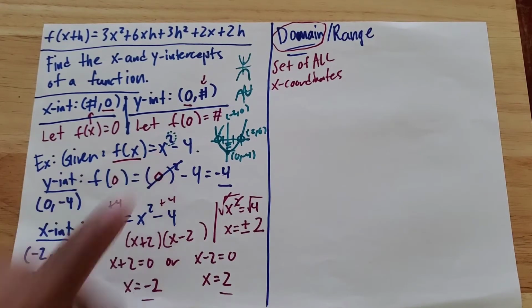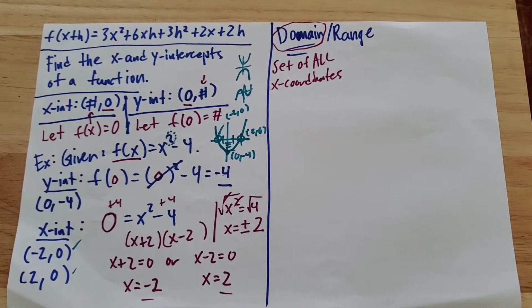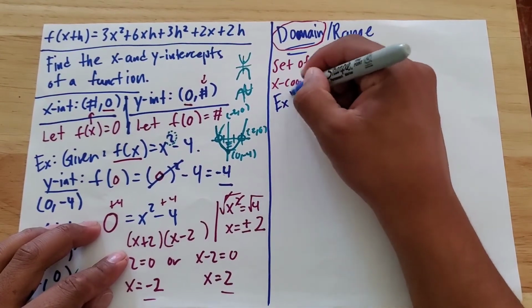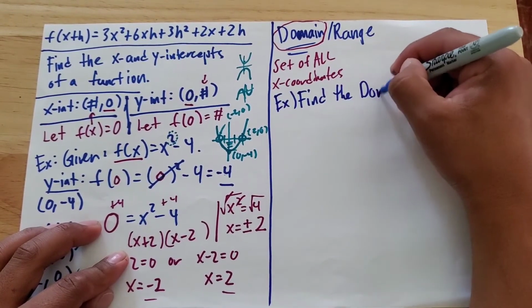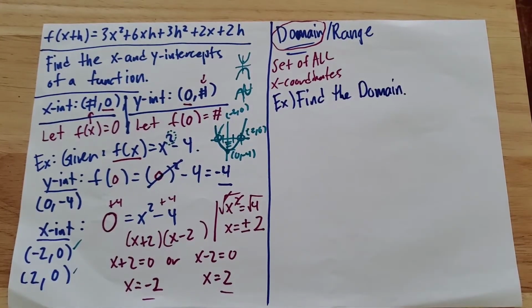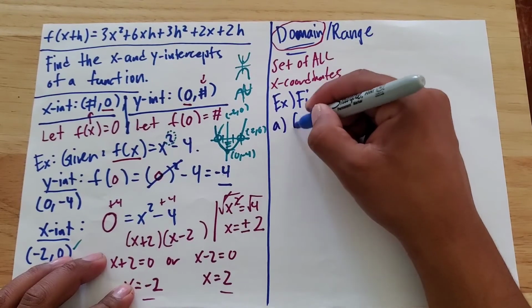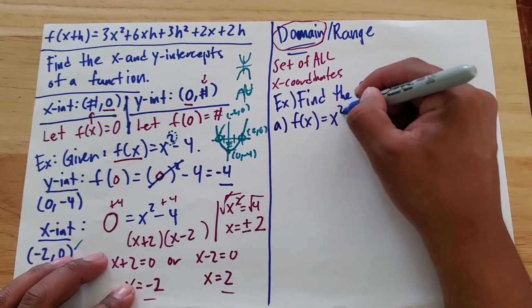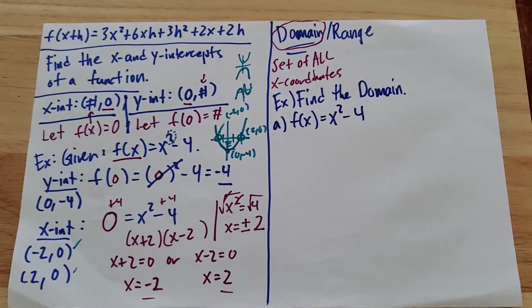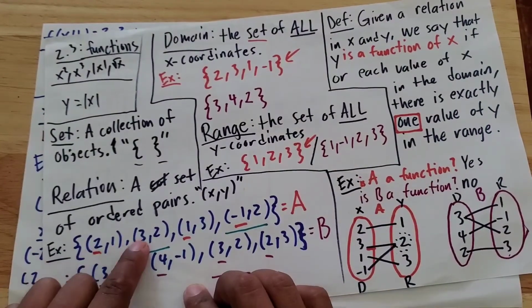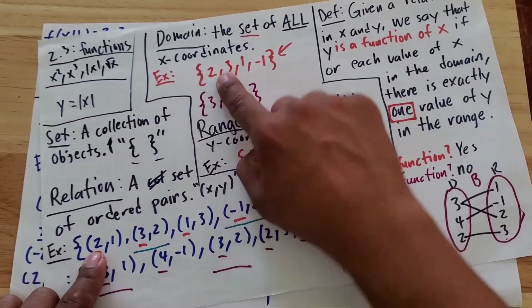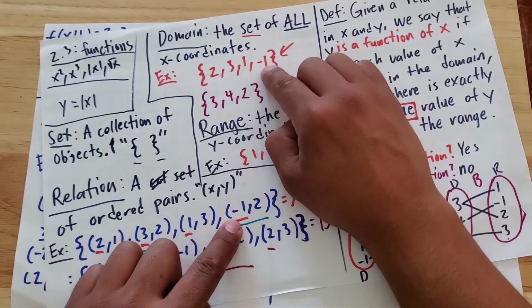For example, we can already do an example. We can say find the domain. And the first example could be f of x equals x squared minus 4. When we first did the domain, when we started 2.3, we looked at a relation. We looked at all the x coordinates, and it was 2, 3, 1, and -1.